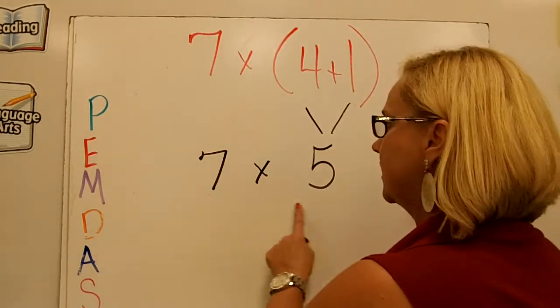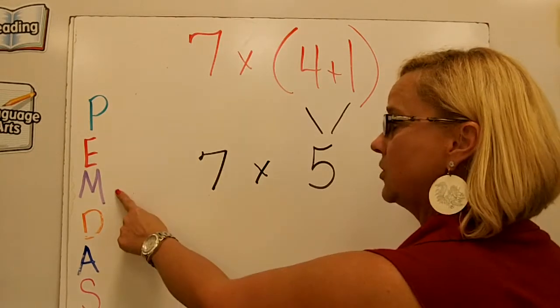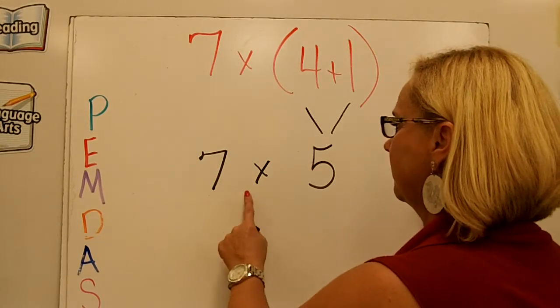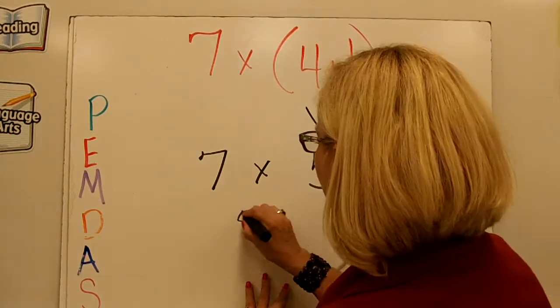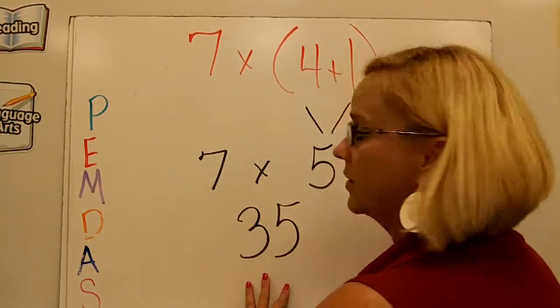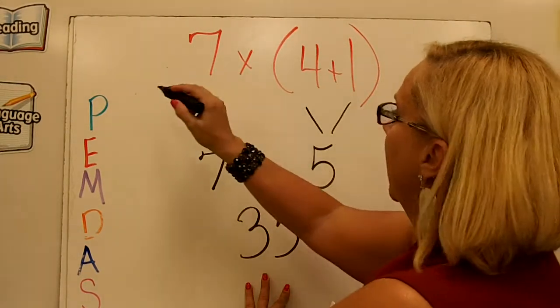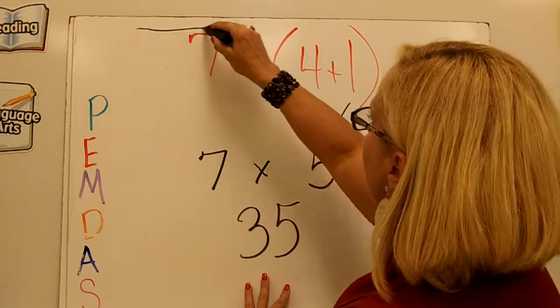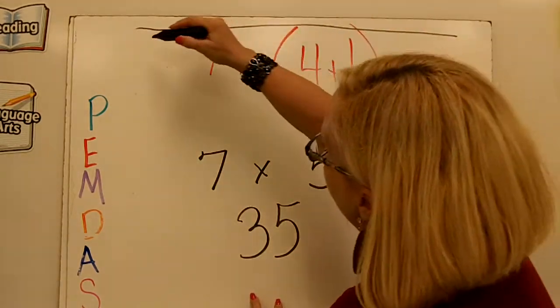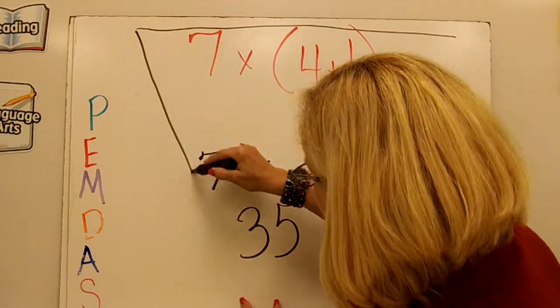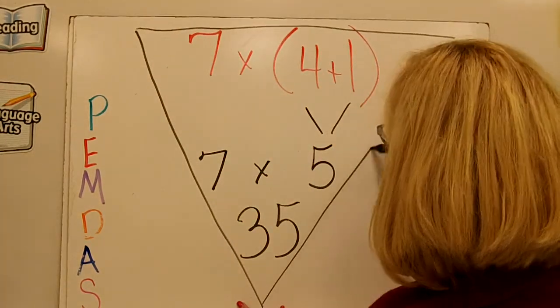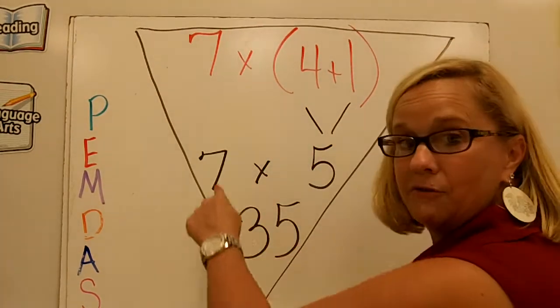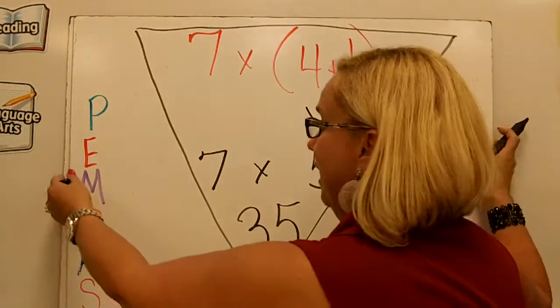I don't have parentheses here. I don't have exponents, but I do have multiplication. 7 times 5 equals 35. Now, if you notice, when I'm working this problem, I'm starting out with a really big math problem, and I'm narrowing it down until I get to my answer, and I've created a triangle there with my math.